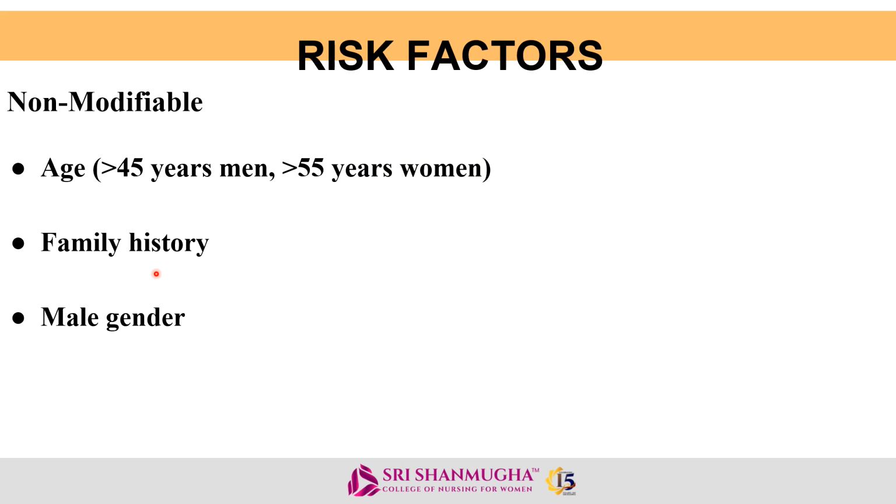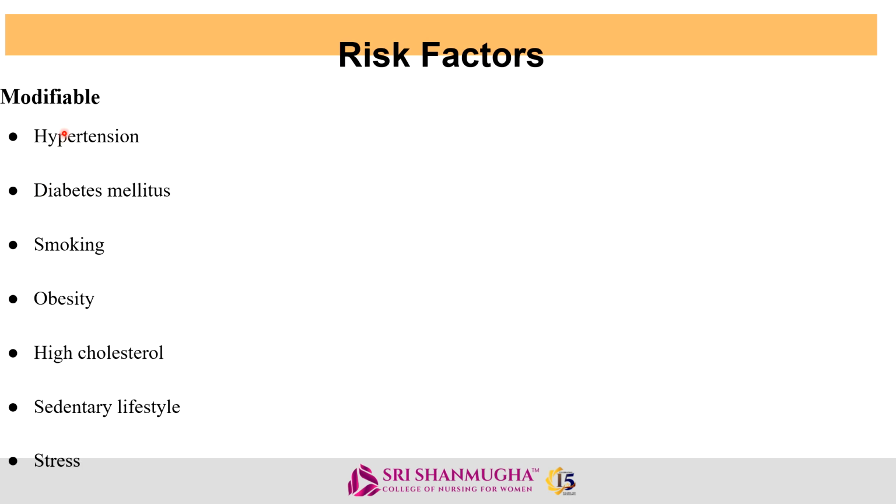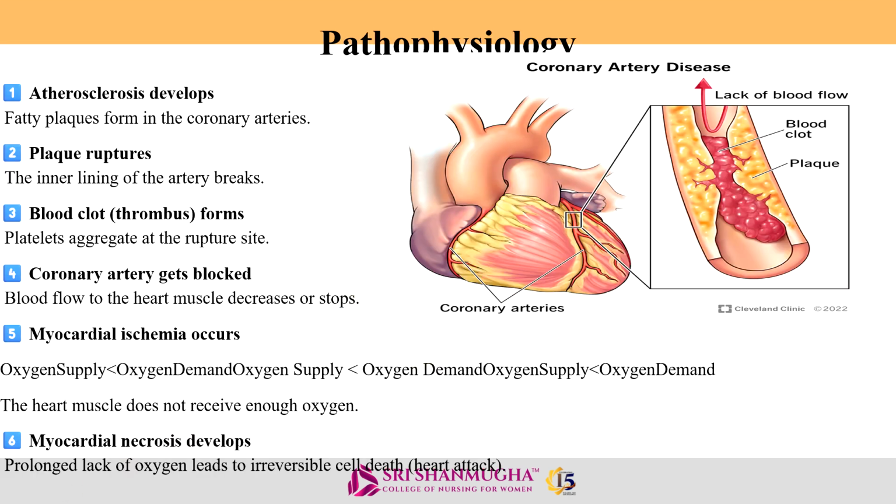Then we have family history of heart disease, and comparing male and female, males are at more risk compared to females. Then coming to the modifiable risk factors, that which can be prevented and changed, it includes hypertension, diabetes mellitus, smoking, obesity, high cholesterol, sedentary lifestyle, and stress.